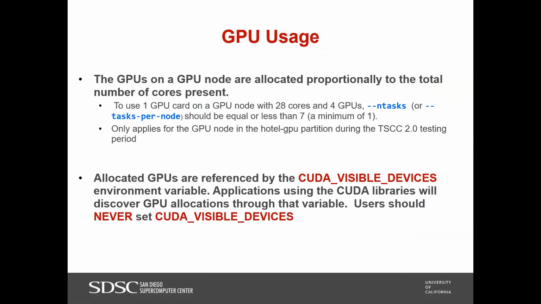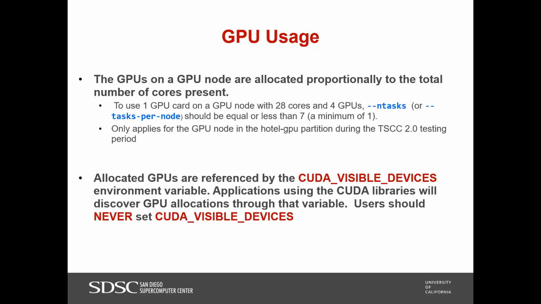And here's some note about the GPU usage. On a GPU node, allocation is proportional to the total number of cores present. This has been updated and it's not exactly right. But the next part is, to use one GPU card on a GPU node with 28 cores and 4 GPUs, you should set the number of CPU cores equal or less than 7, but a minimum of 1.